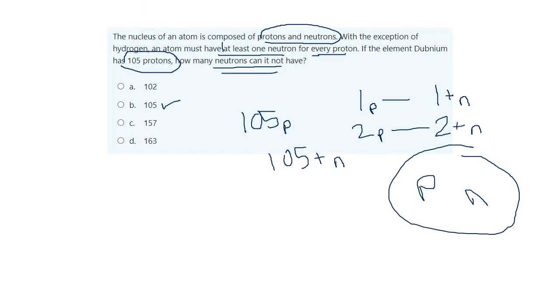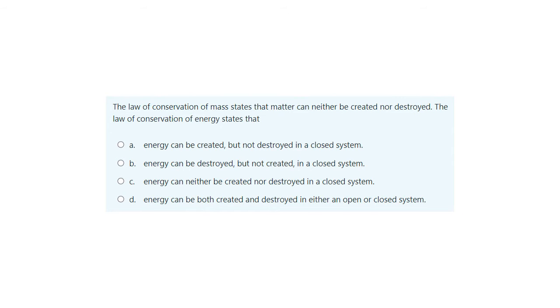So 105, okay, 157 is more, 163 is also more, but A, 102, this is less than 1 neutron for every proton. So A is the correct answer. I don't think you get a question like this in your exam. It is a little bit too much like knowledge, but hopefully you got it correct.